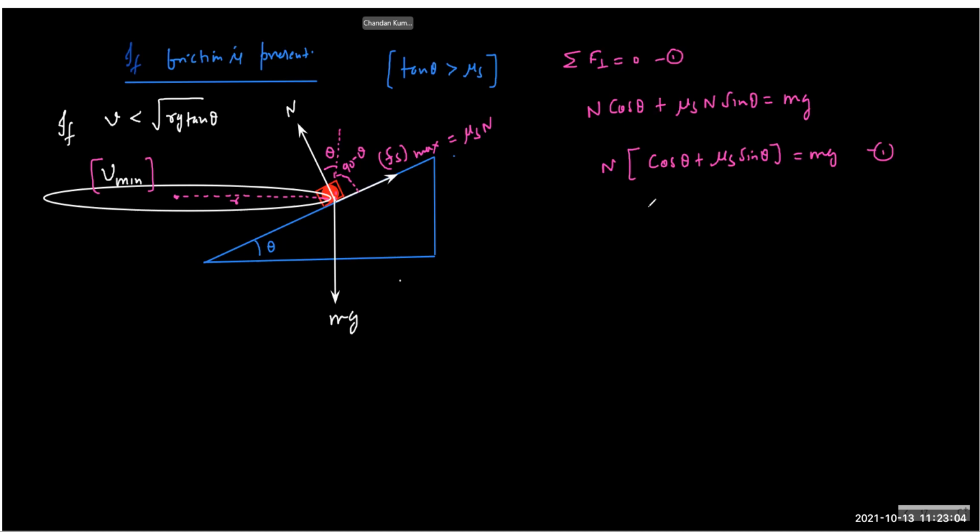Oh, sir, it's N sin theta minus mu_s N cos theta equals m v square by r.